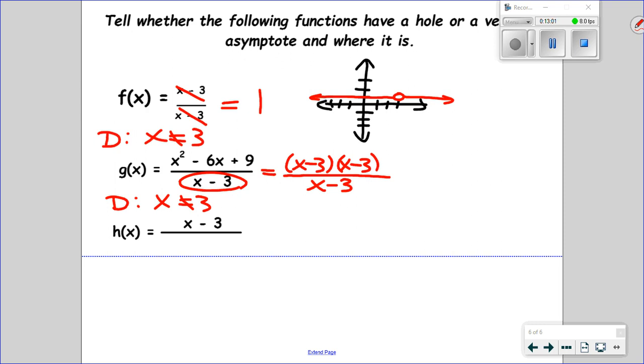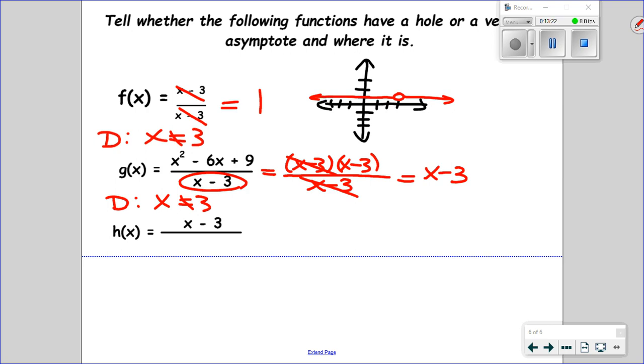And notice that we could simplify this to just x minus 3. So what do you think is happening when x equals 3? Do you think the graph has a vertical asymptote, or do you think it has a hole? Well, I hope you answered that it has a hole.